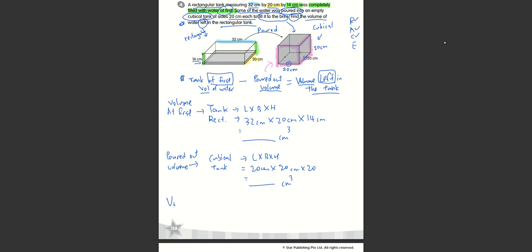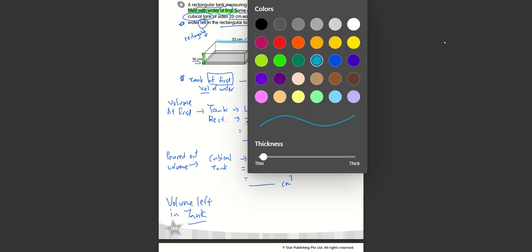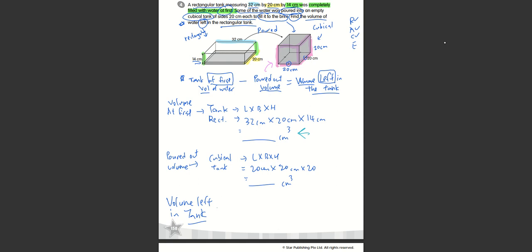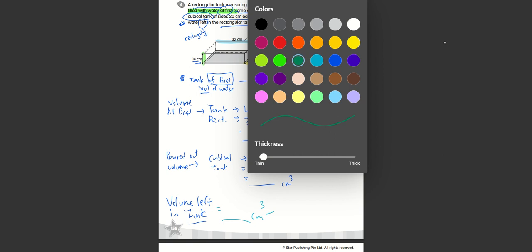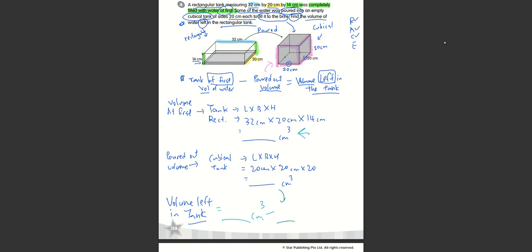And finally, the volume left in the tank will be the first answer here minus the next answer here, and you will get the final answer in cubic centimeters.